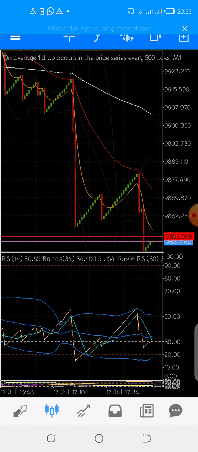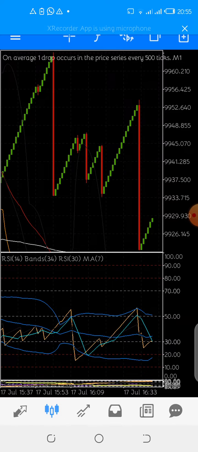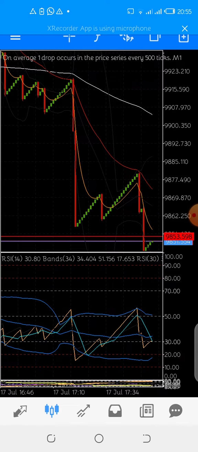Anytime you want to trade Forex, there are 3 very major moving averages, and that is what is on my screen. The first moving average is the moving average 200, and that is what you're seeing in white.